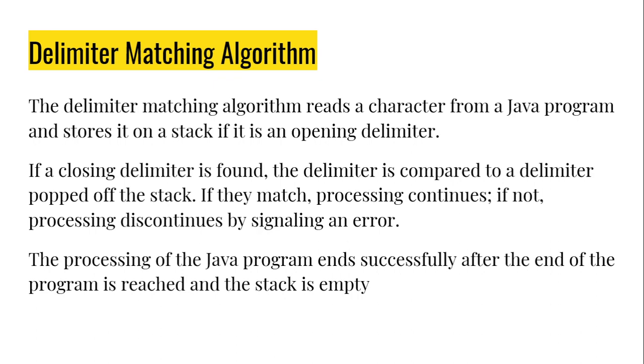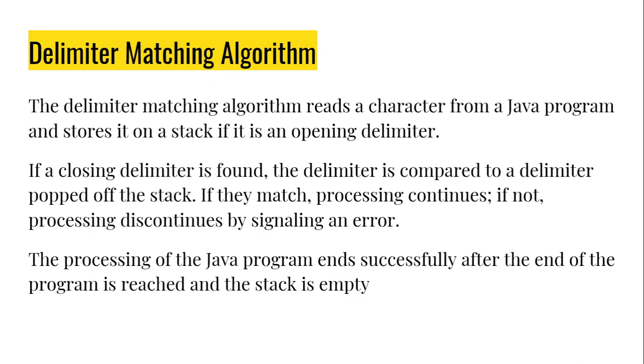If a closing delimiter is found, it will then compare whether the closing delimiter is the same as the top element in our stack. If it is the same, the top element will then be removed. That means the two delimiters are the same or in partner with each other. If it's an open parenthesis, it must have a partner of a closed parenthesis and so on.